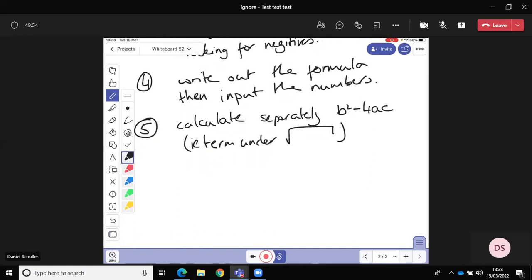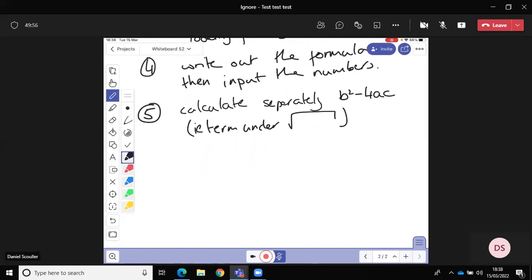Just calculate that bit separately, the term under the root sign. So the b squared minus 4ac, take that out, then put that back into the equation and just solve through.